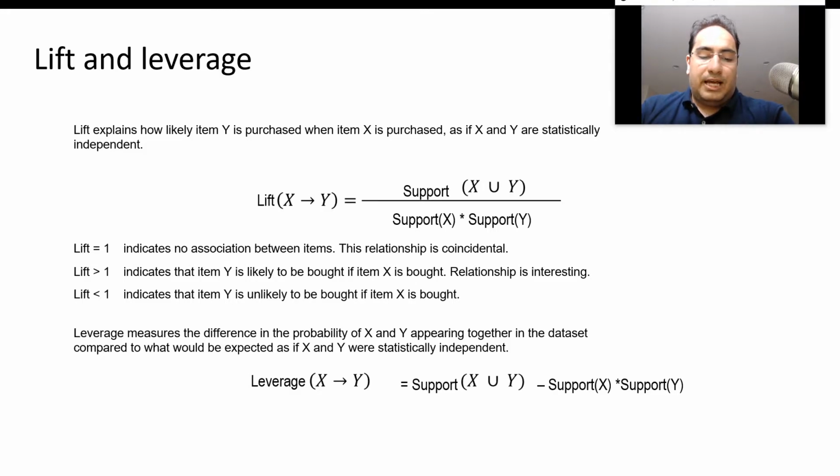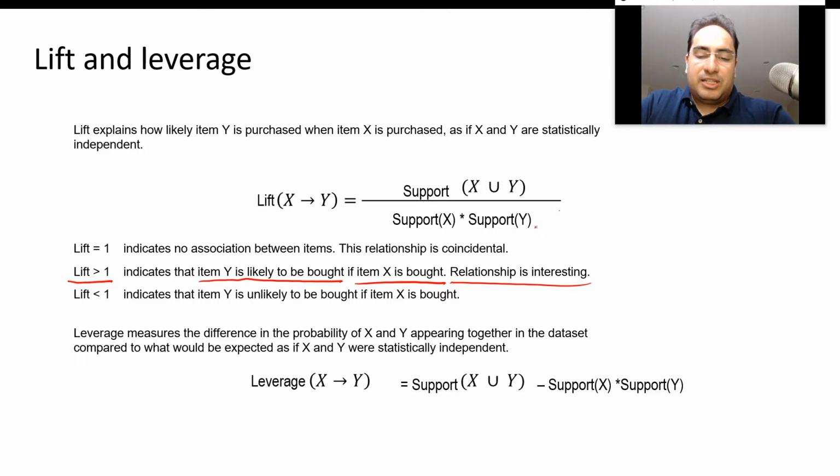Lift is a measure that tells you how important the relationship between the two items is when they're bought together, relative to their independent support and their popularity. If there is a relationship between them which is higher than their popularity, then we have a lift greater than 1, which means that item Y is likely to be bought if item X is bought, which means the relationship is interesting.